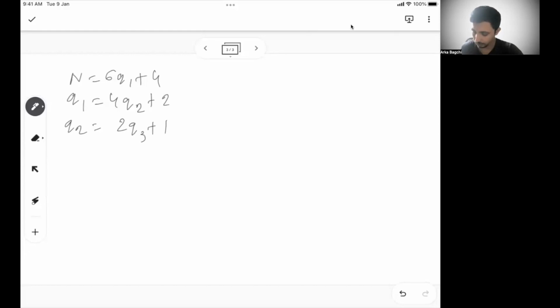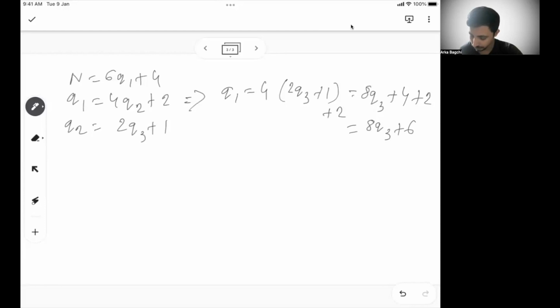Here, if I replace q2, I will get q1 as 4 into 2q3 plus 1, or 8q3 plus 4. Oh, there was a plus 2 also. So 8q3 plus 6. So now I got q1 in terms of q3.